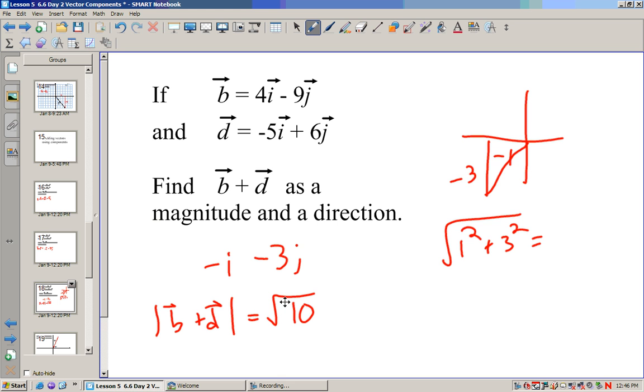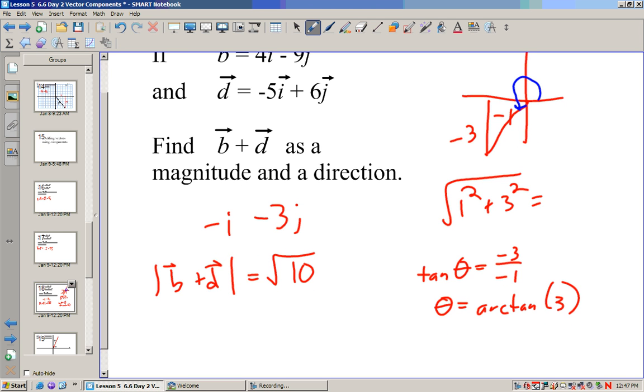Now if I want to find the direction, we're looking at this degree measure. I just take the tangent of theta is equal to negative 3 over negative 1. So theta is going to be the arctan of 3. And remember, hopefully everyone knows that arctan is the inverse tan plus 180n.